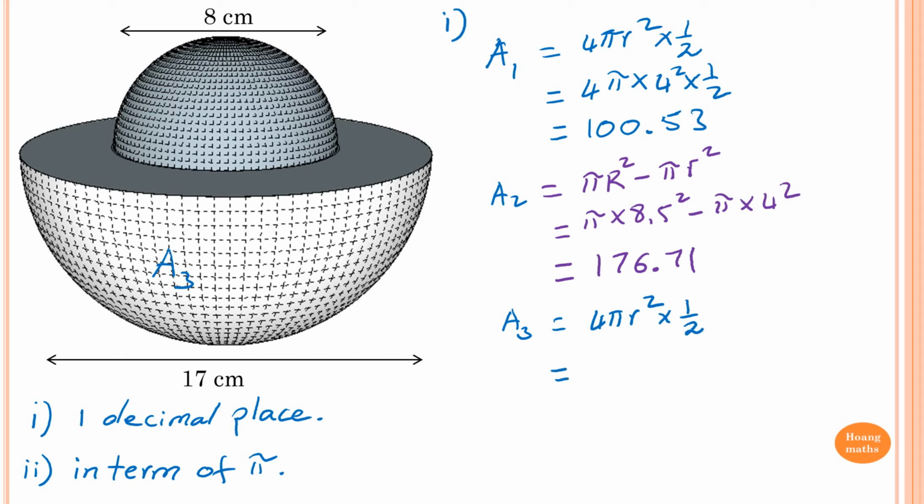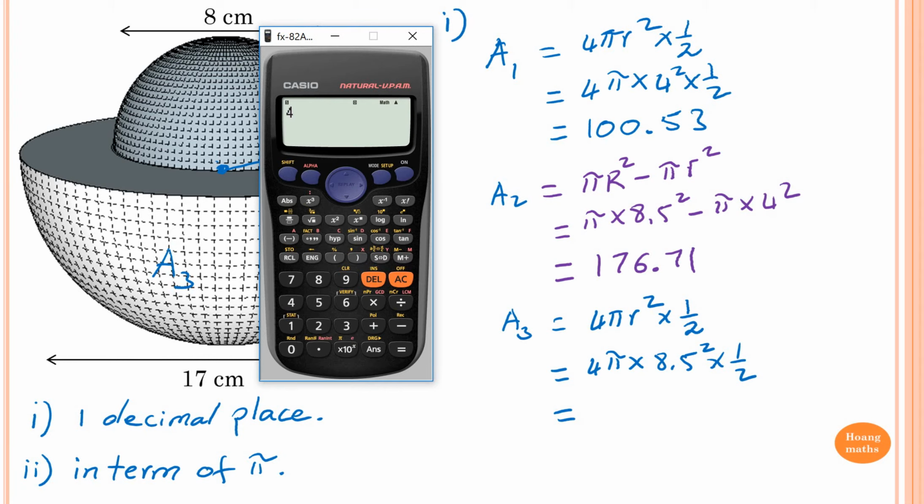We know that the radius, from here all the way here, is 8.5. So it is 4 pi times 8.5 squared times by a half. 4 shift pi times 8.5 squared times by a half.